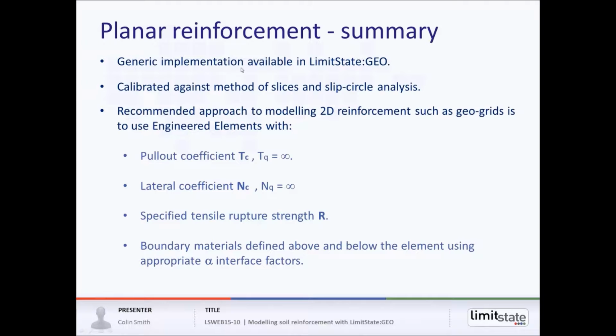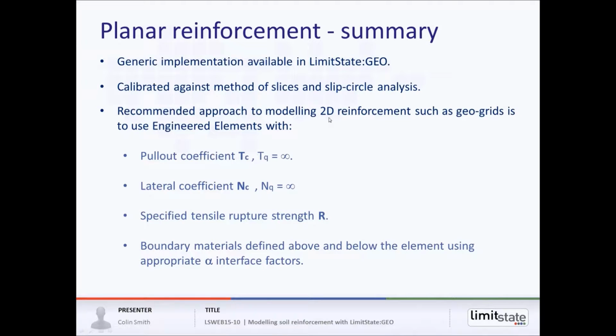We have a generic implementation that has been calibrated against method of slices and slip circle analysis. So a number of papers have been written looking at that and examining the comparisons. And generally, of course, the software will find more critical collapse mechanisms than conventional analysis.